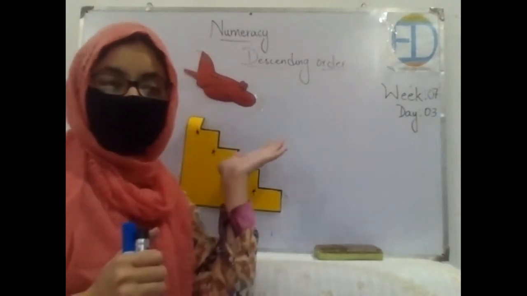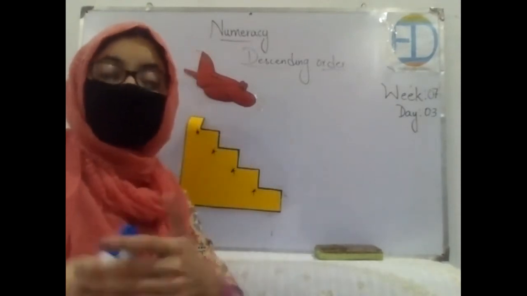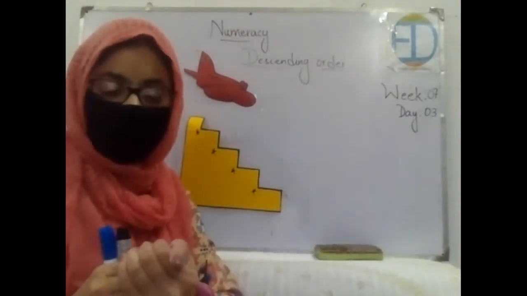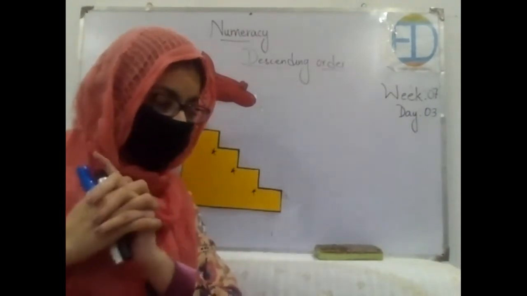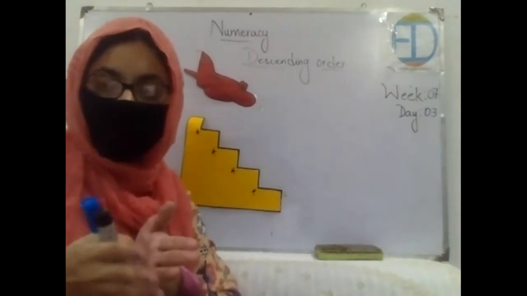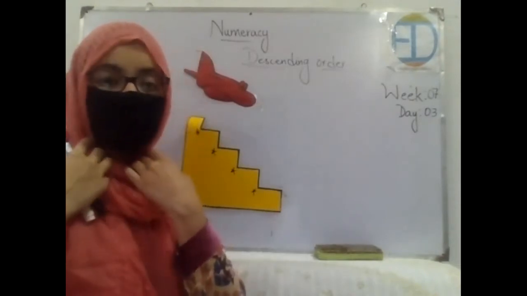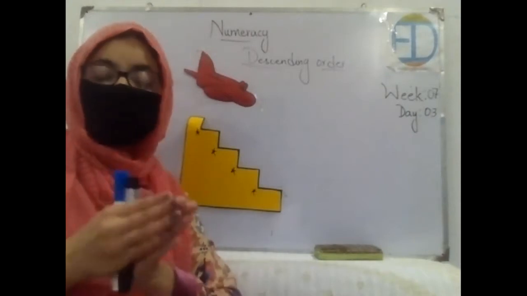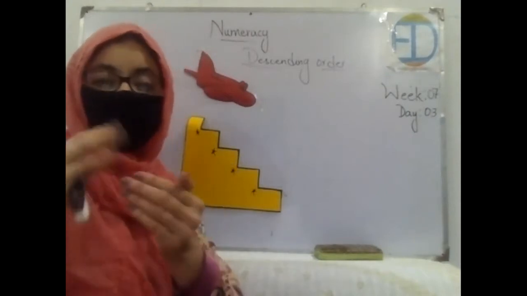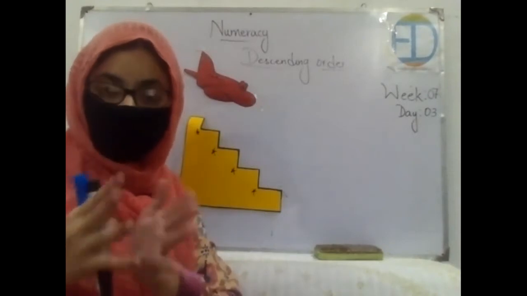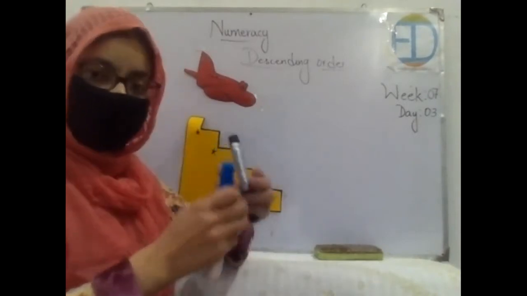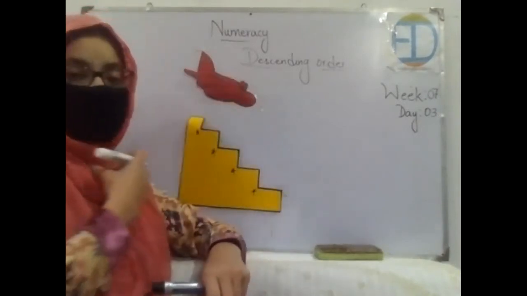So now in today's class we will be talking about descending order. We have already practiced descending or decreasing order in our previous classes, but today we will just focus on decreasing order and practice it with different numbers, right?